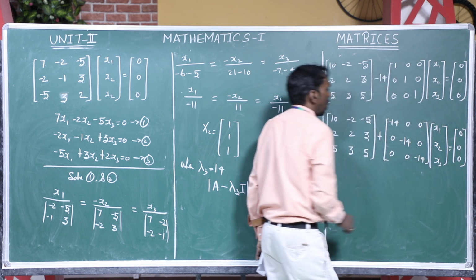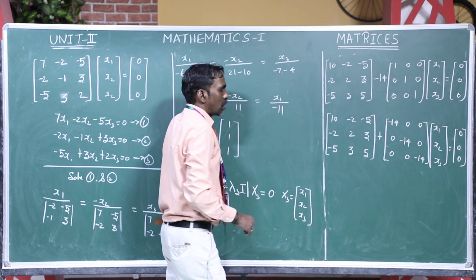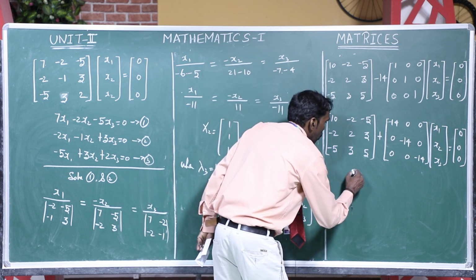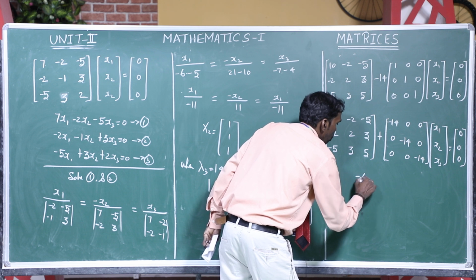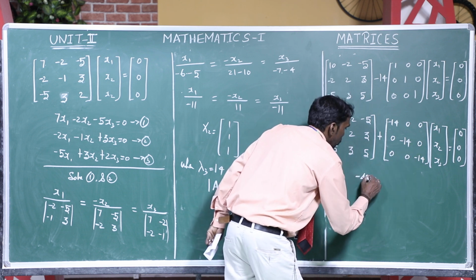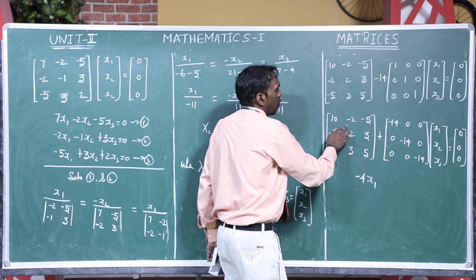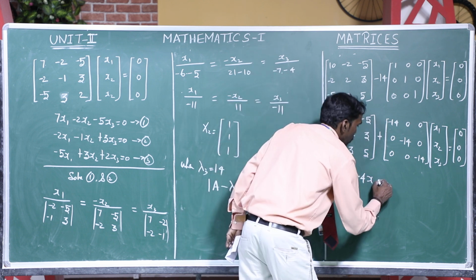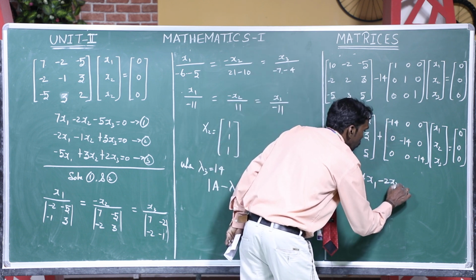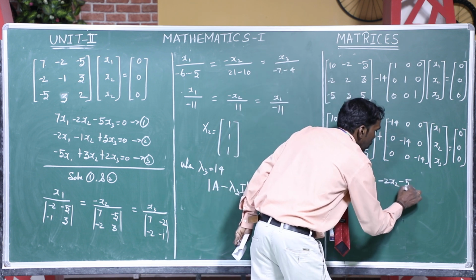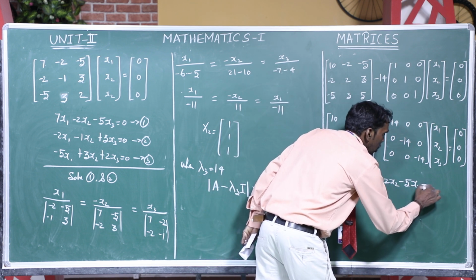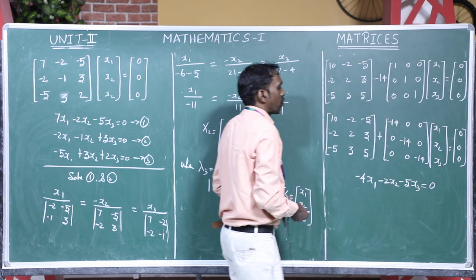Similarly you have to add 10 minus 14. What is 10 minus 14? You get minus 4. So therefore minus 4x1. The next, minus 2 plus 0 will be minus 2, so minus 2x2. Then minus 5, so minus 5x3 equal to 0.